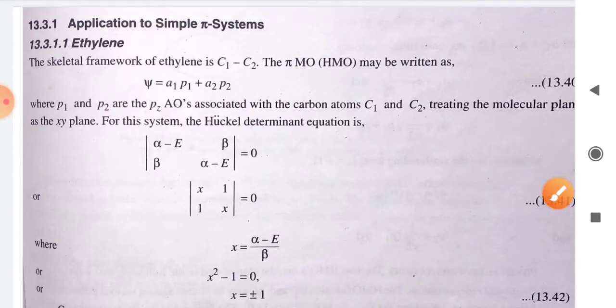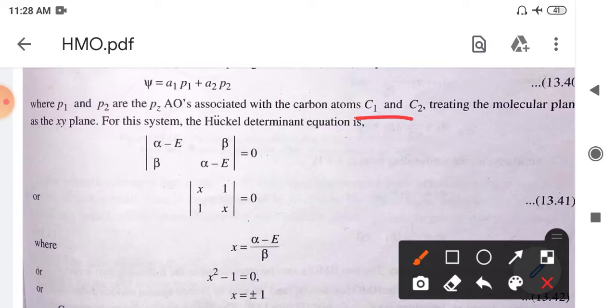Here P1 and P2 are the pz atomic orbitals associated with carbon atoms C1 and C2 respectively, treating the molecule in the xy plane. We have seen in the assumptions that the pz orbital is taken perpendicular to the molecular plane, and the molecular plane is nothing but the xy plane.